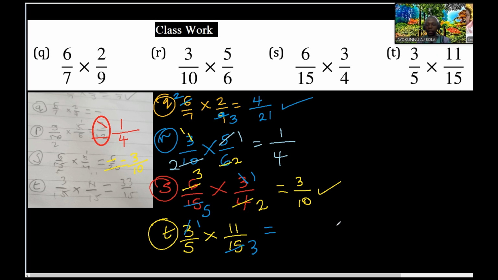What's going to be at the top? What's going to be at the bottom? 11 times 1 is 11, and 5 times 3 is 15, right?